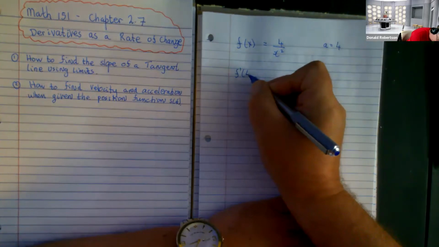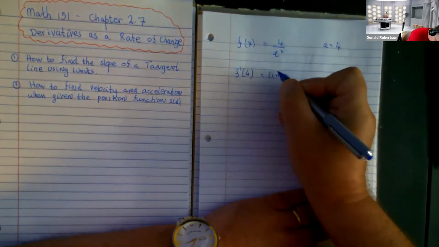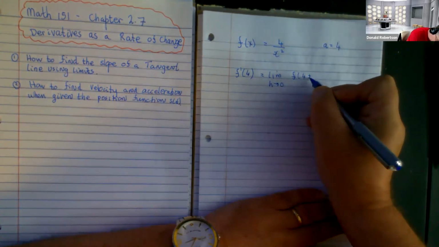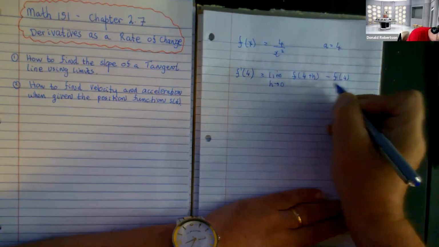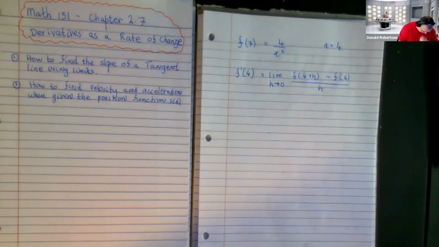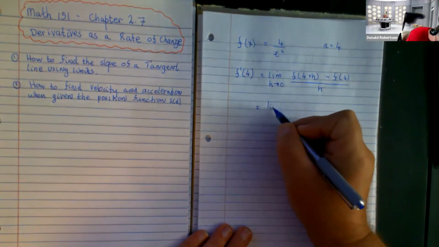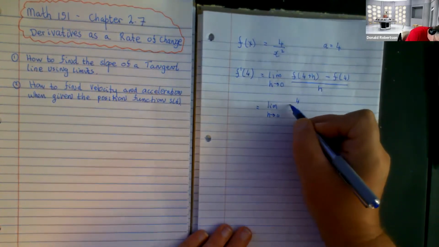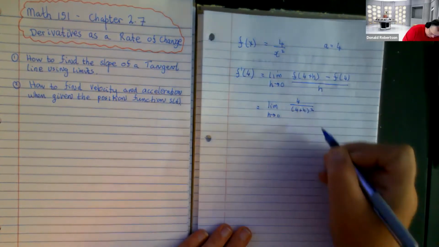So this exact value at 4 is going to be the limit as h tends to 0 of this guy, take away this guy, all over that one. And this fella now becomes 4 over (4 plus h) squared.